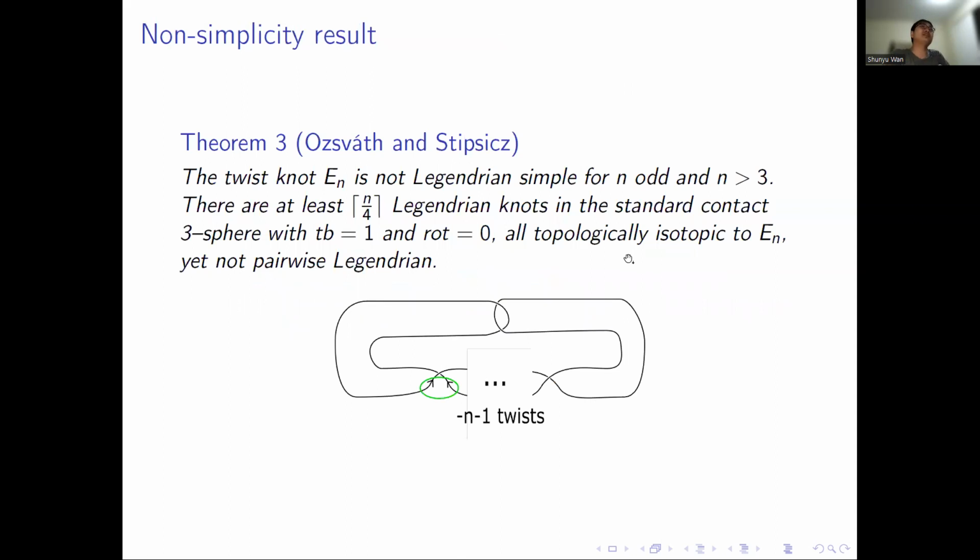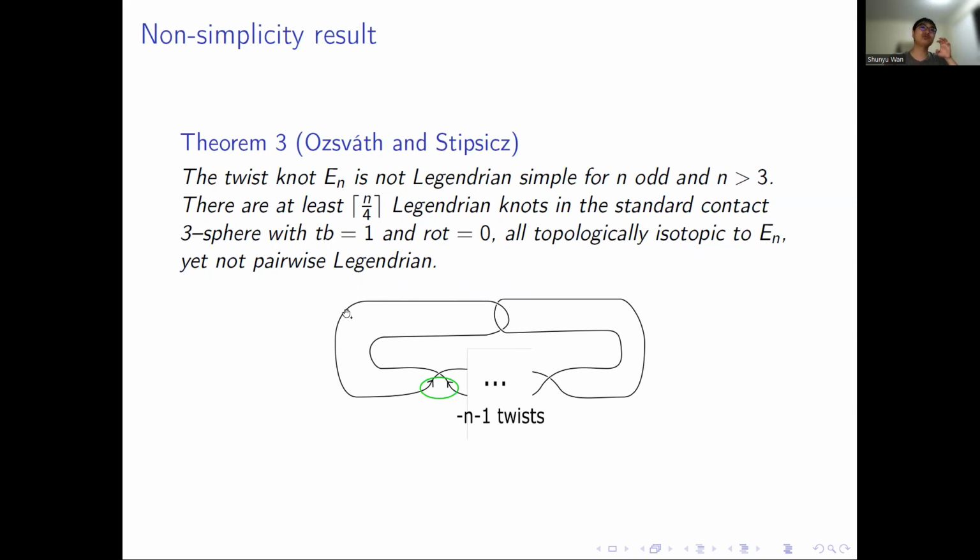So next, the theorem by Etnyre, Ng and Vértesi is a theorem about Legendrian non-simple knots. They found a family of twist knots E_n that are Legendrian non-simple, and they have that many Legendrian different representatives with the same TB and same rotation numbers. This picture is a smooth picture of those knots E_n, and it has -n-1 twists. That means that at the bottom there are a total of n+1 left-hand twists.